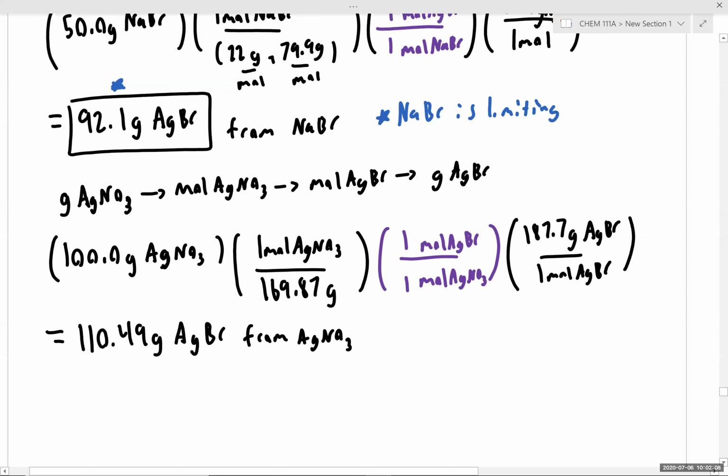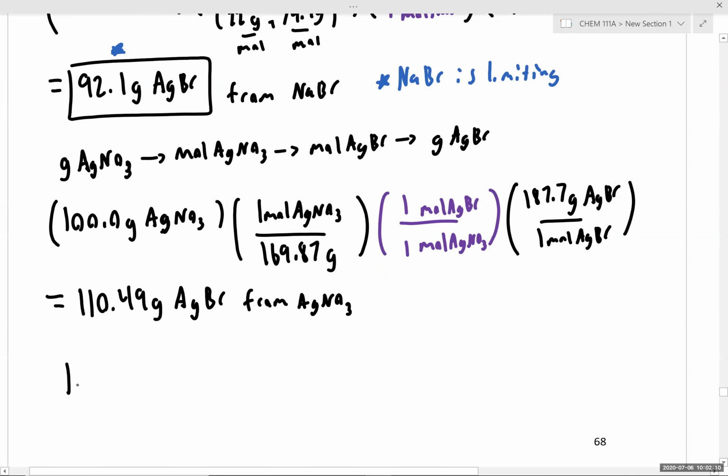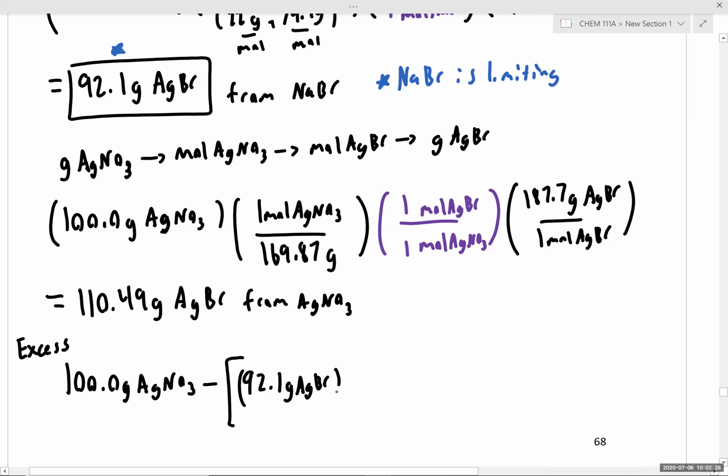Now, in our next step, we know that if we start off with 100.0 grams of silver nitrate, and we want to figure out the excess silver nitrate, what we're going to do is subtract, and we're going to take the mass of product and convert it into the mass of the excess reactant.